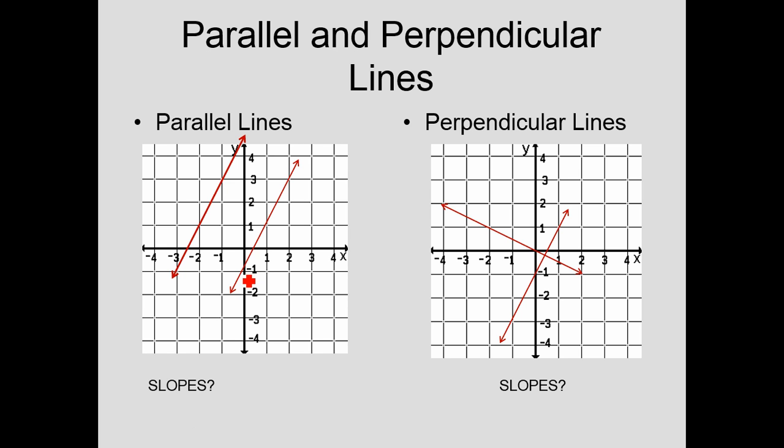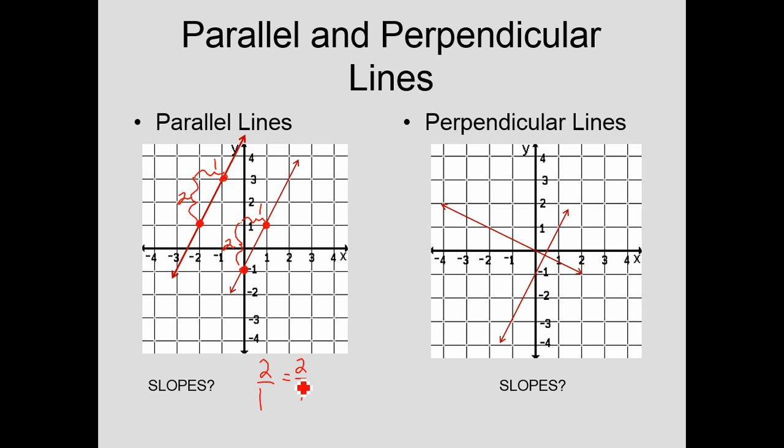If we were to find the slopes of these two lines, like if I pick a point here and pick a point here, and I do rise over run, rise up 2, run over 1, 2 over 1 for this line. Now if I look at this other line, maybe pick 2 different points here, up 2 over 1, notice that those two lines have the same slope.